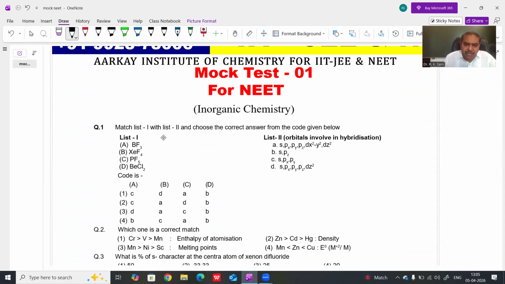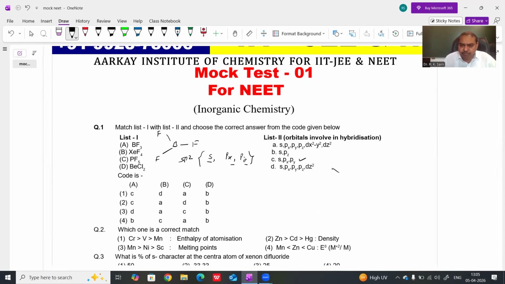For example, in BF3, the hybridization state of boron is sp2, and we know that in sp2, three orbitals, namely one s orbital, because it is non-directional, and two p orbitals, namely px and py, are involved in hybridization and make three hybrid orbitals. Hence in BF3, the three orbitals are s, px, and py.